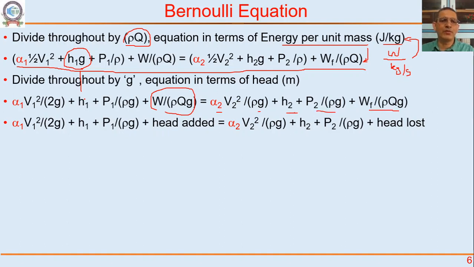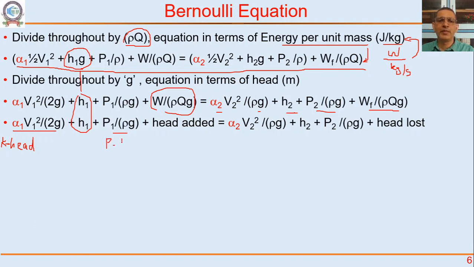Now this H1 is like height. Similarly, this quantity, which is also a height associated with the kinetic energy, we call kinetic head. This quantity we can call pressure head.